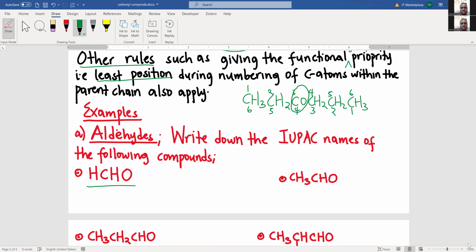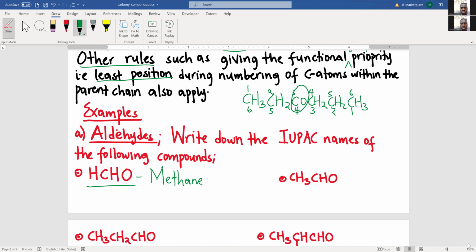You can see that it is made up of one carbon atom, and one carbon atom within the chain is methane. But this is not an alkane.